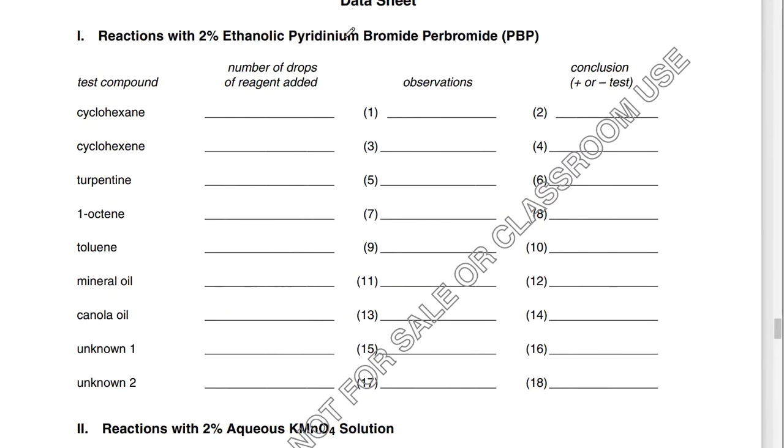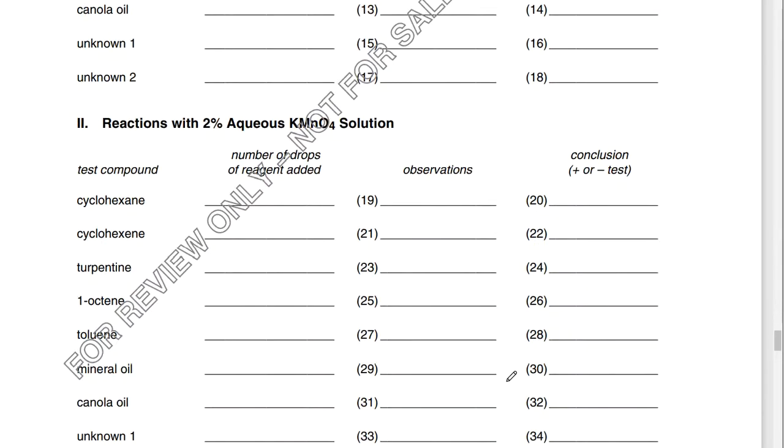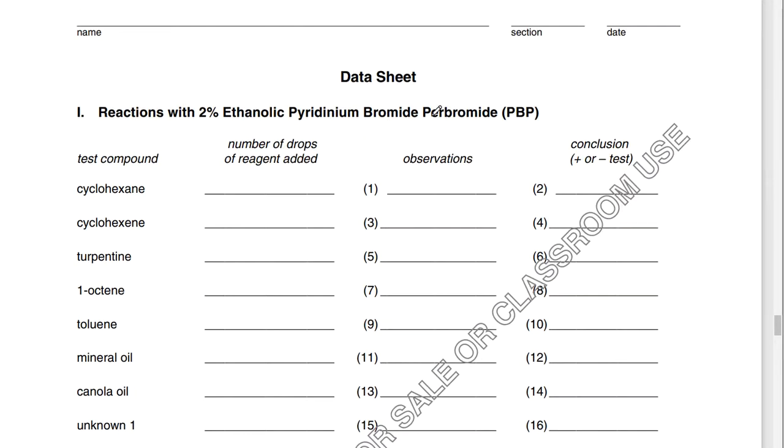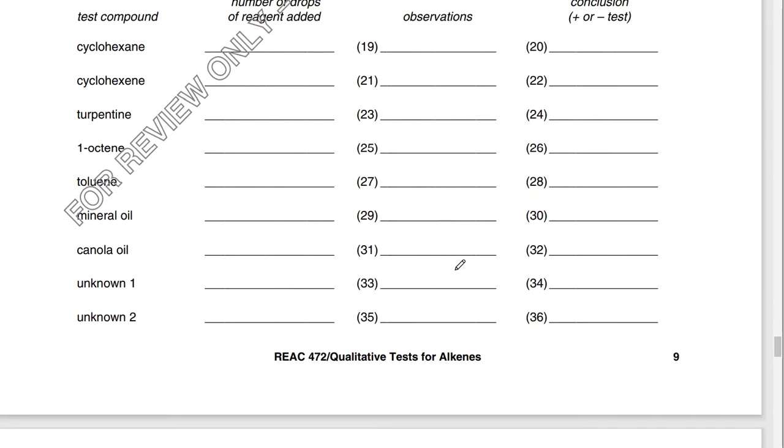You're also going to see the data sheet here at the end as well. Once more, they'll give you the lineup of compounds that we tested and the unknowns, and it gives you an area to write your observations, and then an area to write a positive or a negative test. It does that with the permanganate, and it does it with the perbromide. Both of those data tables look almost identical. Okay.